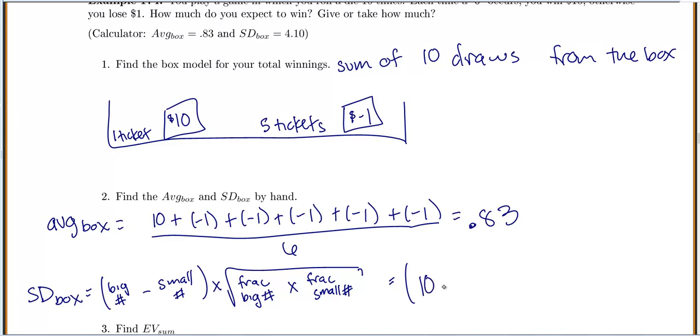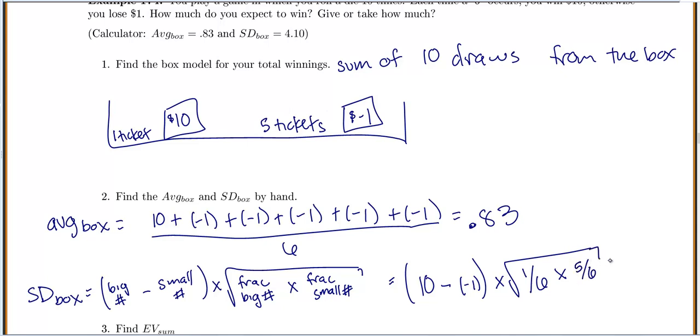So it's going to be 10 minus our -1 times the square root. So when we say the fraction of the big number, we mean how many of these tickets have the big number. So there's only one that has the big number of 10, but there's 6 total tickets. So 1/6 of the tickets have the big number. Times now the fraction of the small number. So the small number is this -1, and there were 5 out of a total of 6 tickets that had that number.